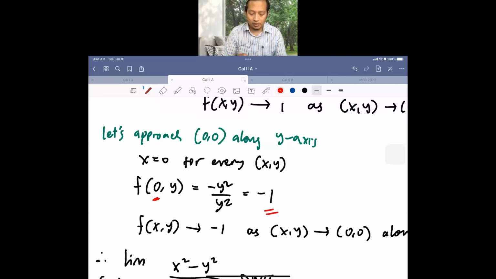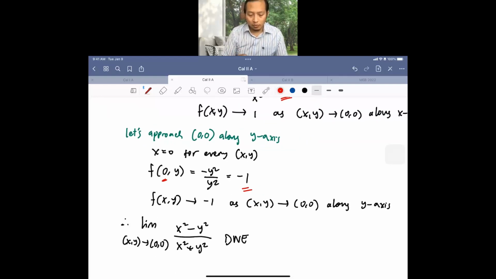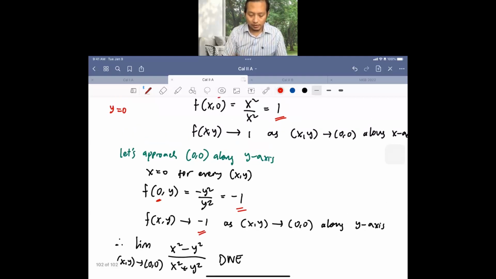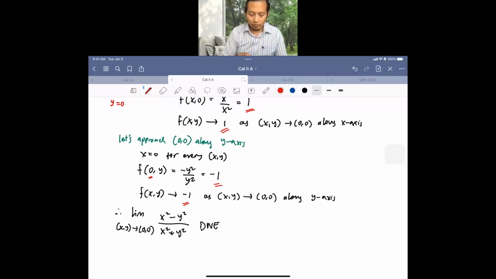Because from these two we have two different results, we say the limit doesn't exist. The limit exists if from every path we can choose, the result is the same.